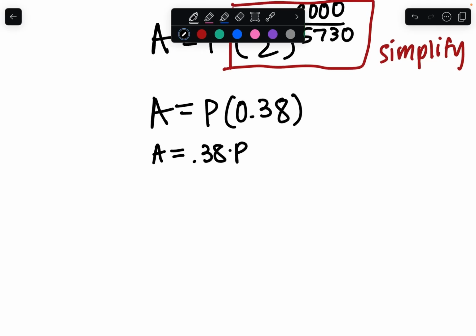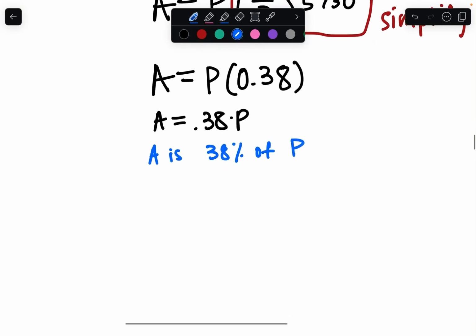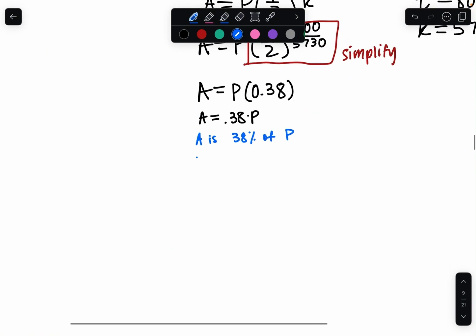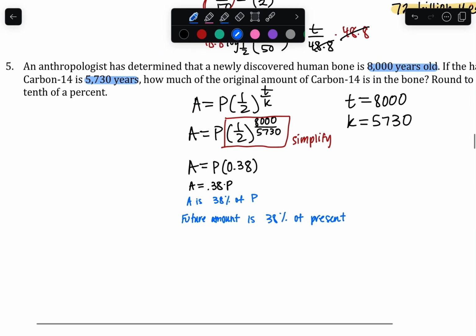It's 0.38 times P. That means A is 38% of P. When you see 0.38 times P, that's 38% of P. Okay, and so our future amount, A, is 38% of the present amount. I believe that answers the question.